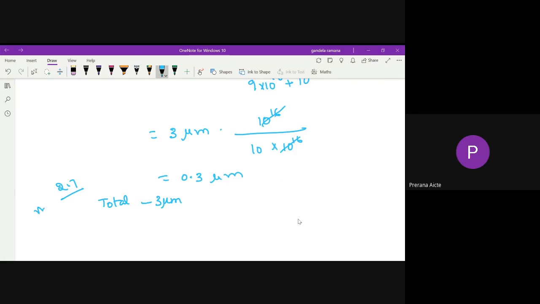They don't ask for it, but we should work it out. So the width of the N side is 2.7 micrometers, the total width is 3 micrometers, and the P side width is 0.3 micrometers. So next question.